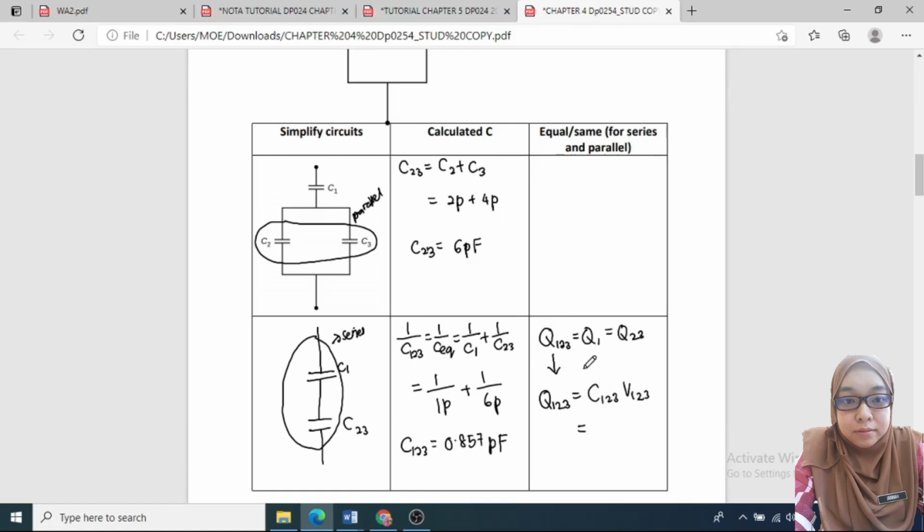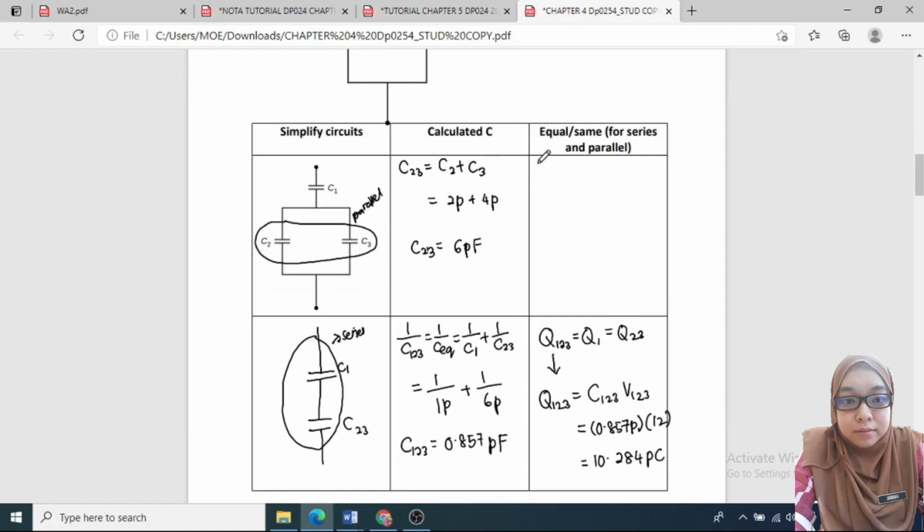So C123 is 0.857 pico, and then V123 is equal to 12. So we got Q123 is 10.284 pico coulomb.